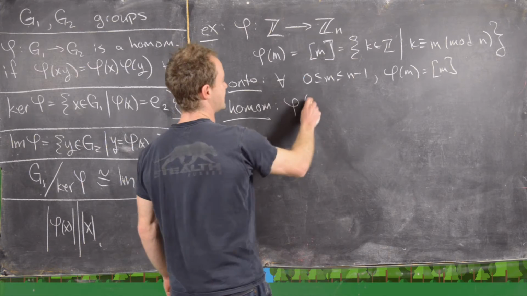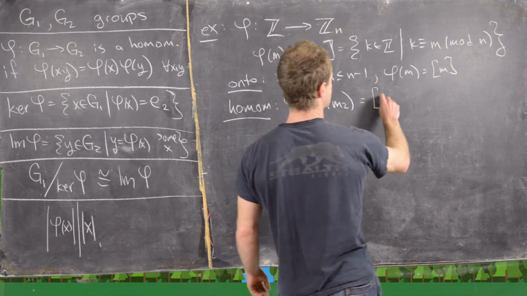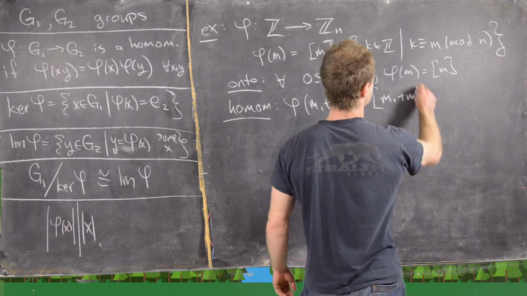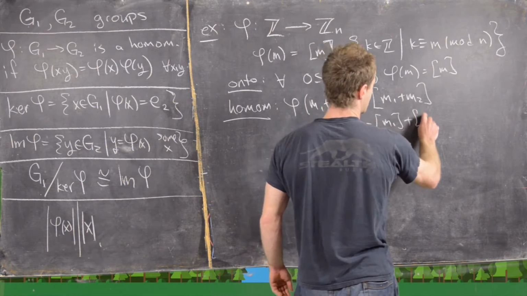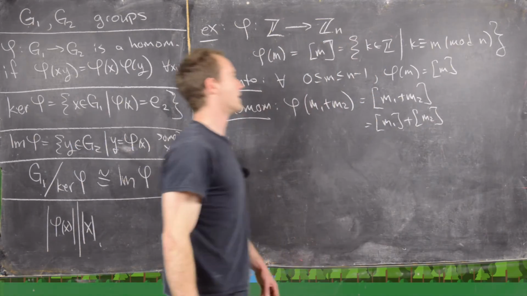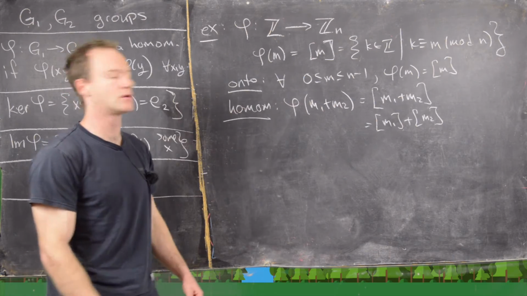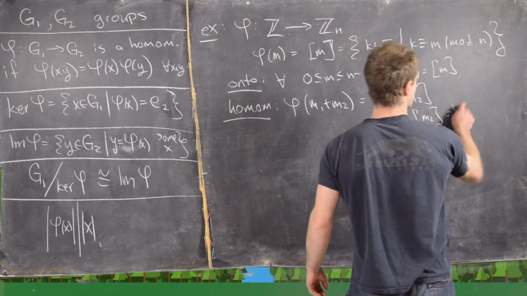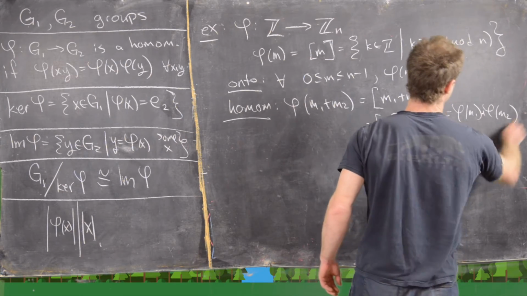We take phi of m1 plus m2, which is the equivalence class of m1 plus m2. But by the group operation of Zn itself, that's the sum of those two equivalence classes, and so that's equal to phi of m1 plus phi of m2.